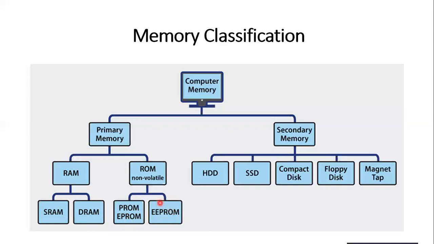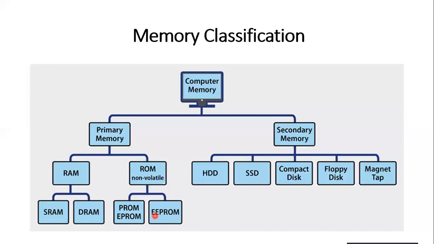Then the next kind of memory is EEPROM, electrically erasable programmable read-only memory. This is a variation of the EPROM that became popular. The major difference is that this memory erases the content not by ultraviolet light but electrically.